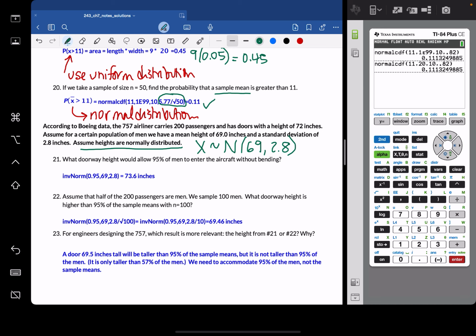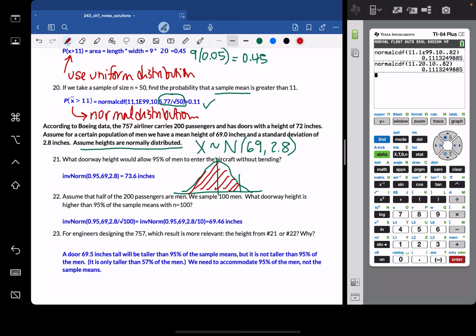So what I'm trying to locate is here's all the men. And I know that the average guy is 69 inches. And then I'm going to try to find the 95th percentile. So I'm trying to find the X value that is taller than 95% of men.